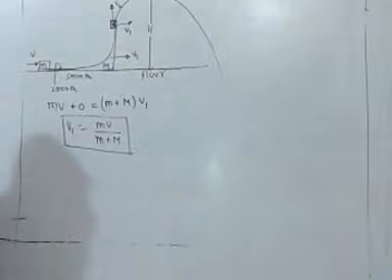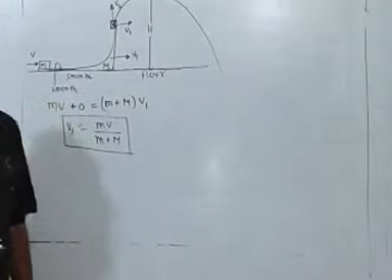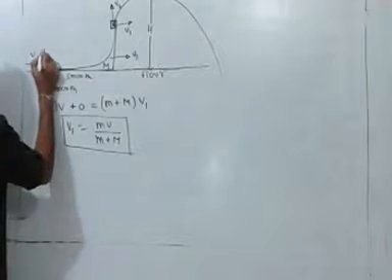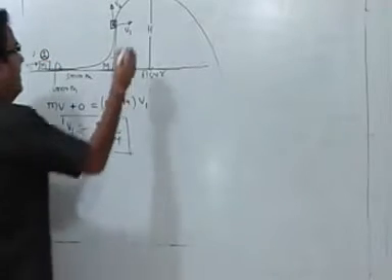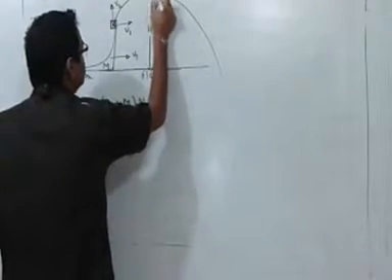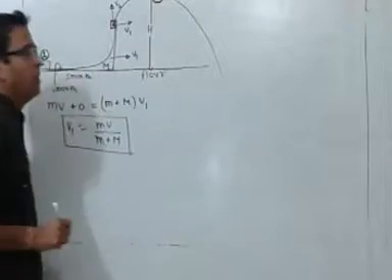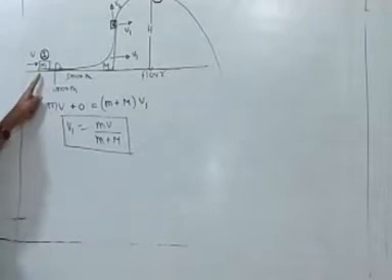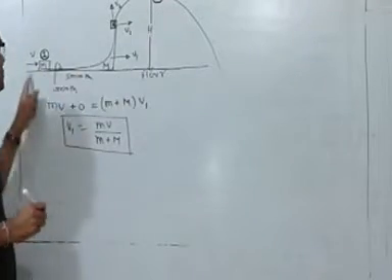So now we will apply the principle of conservation of energy between point 1, which is over here, and point 2, which is the maximum height attained by the block.